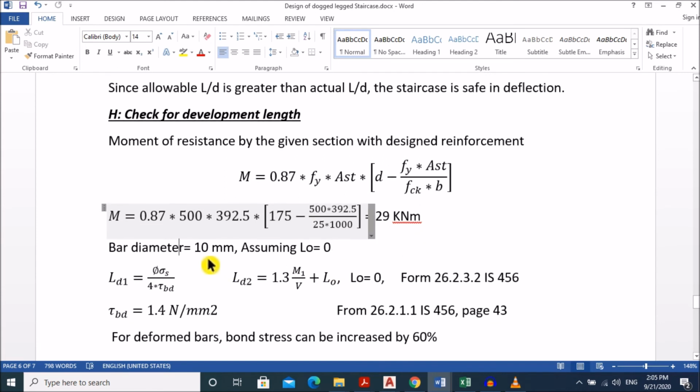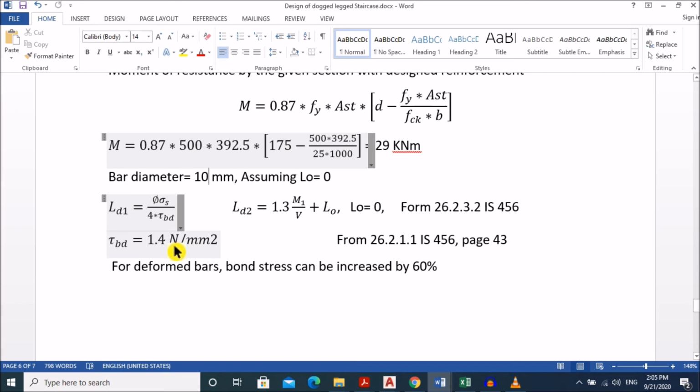Since bar diameter is 10 mm, LD1 is the development length given by the IS 456 code, and LD2 is 1.3 M1 by V plus L0. By assuming L0 equals 0, the tau BD value will be 1.4 for plain reinforcement.